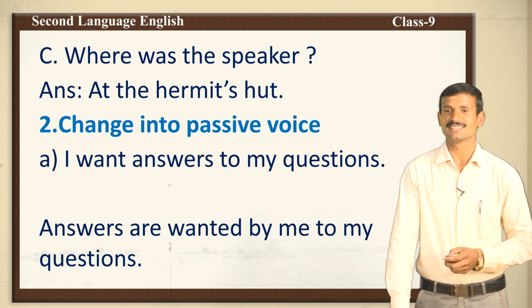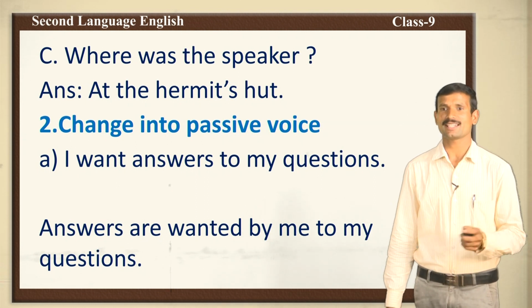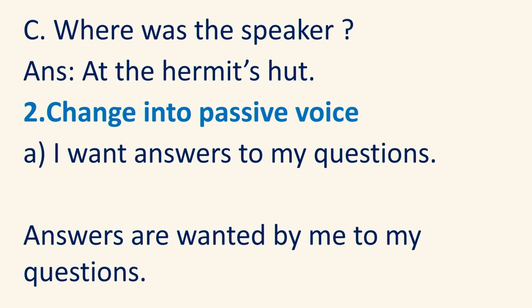We have discussed simple present and simple past tense in the last class. Now, change this sentence into passive voice: I want answers to my questions. Here, the subject is I. Next, the verb is want. Next, answers is the object. Now, the object comes to the subject place.